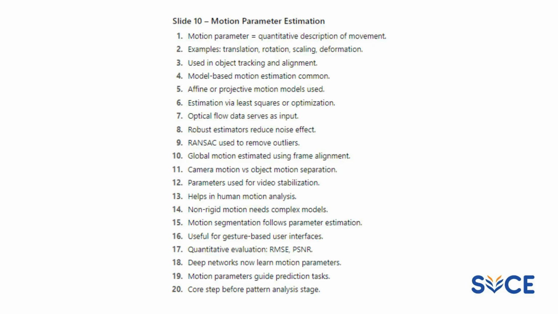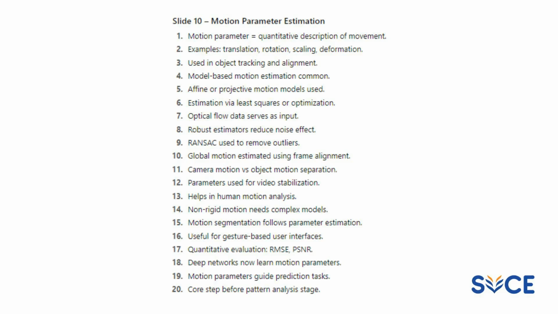Next one is sports analysis, analyzing players' movement, ball trajectories and performance metrics. In healthcare, it monitors the gait pattern or limb movement in rehabilitation. As well as in surveillance, it detects abnormal or suspicious motion in public areas.